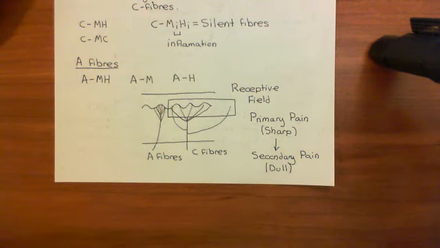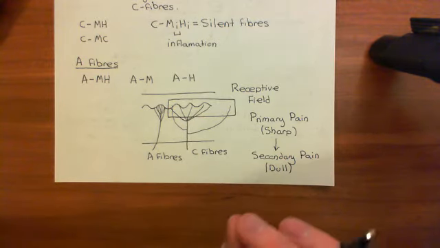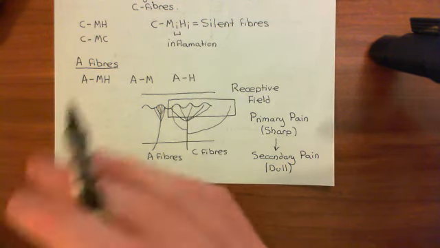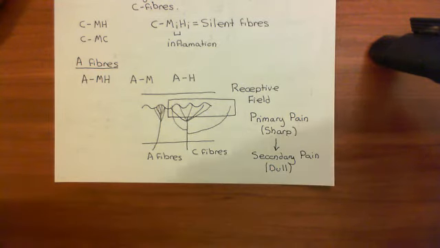You'd know exactly where the damage was done. Whereas in the secondary pain, the pain's much more dispersed. It's not nearly as localized. If you closed your eyes and asked, where is this pain coming from? You might say your entire finger. Let's say you've cut your finger, so you might say it's coming from your entire finger.